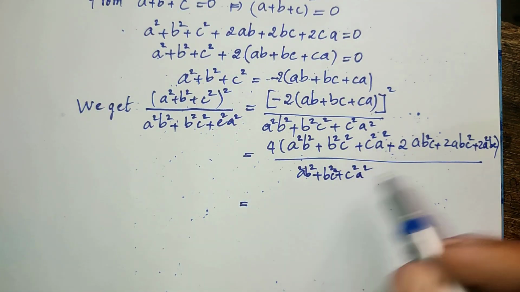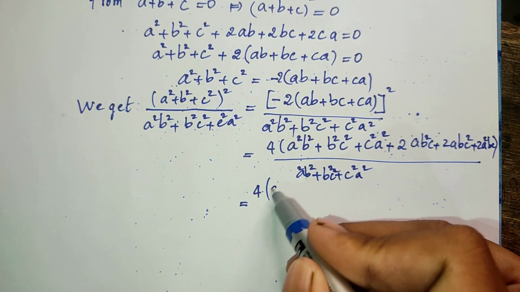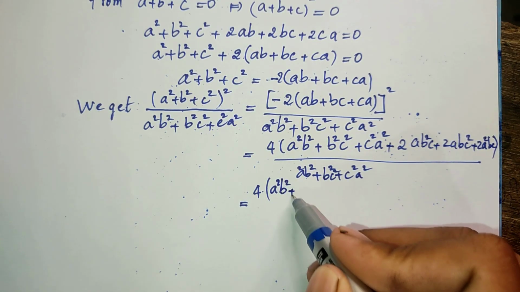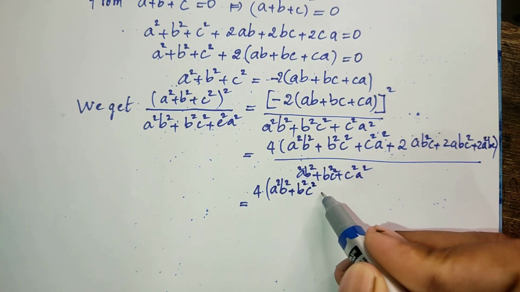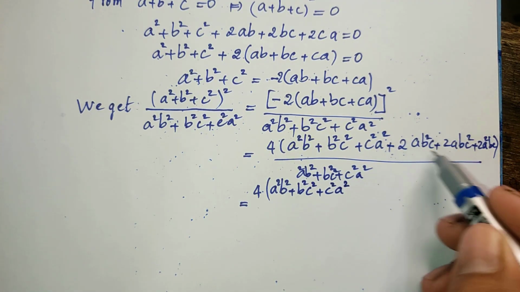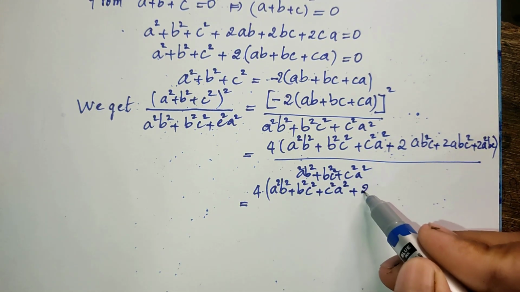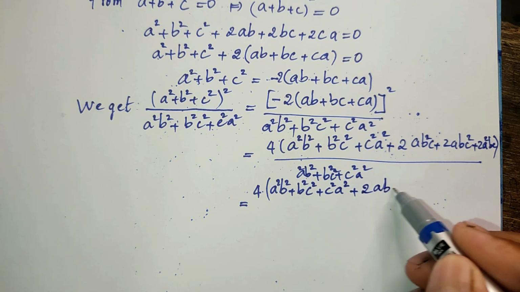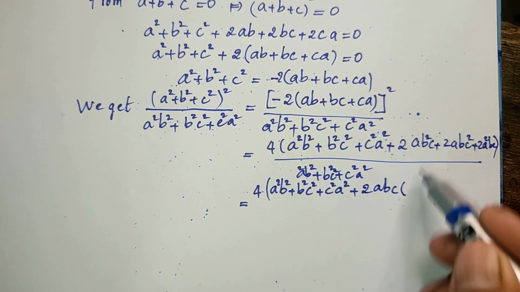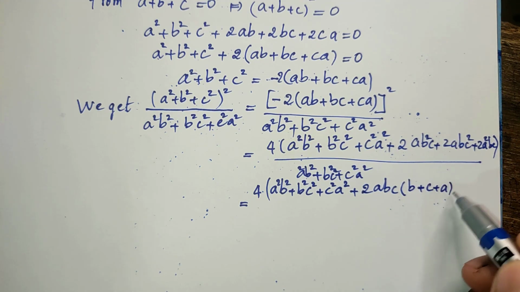And now we see that I can write it this way: A squared B squared plus B squared C squared plus C squared A squared, and I take 2ABC out as a factor, multiplied by (B plus C plus A).